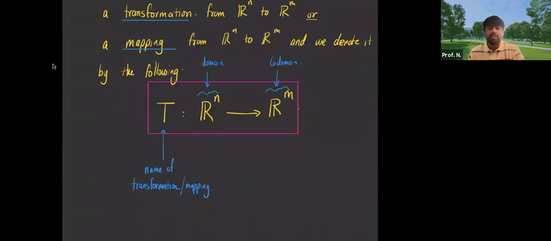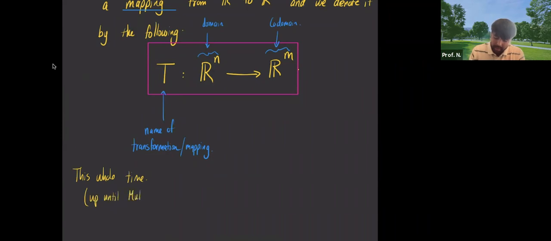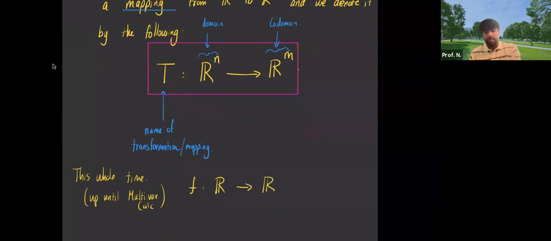So a function has been a transformation this whole time, up until Calc 3, up until multivariable. Our functions have been functions whose input or domain is in the real one-dimensional space, mapped to something in the one-dimensional space.